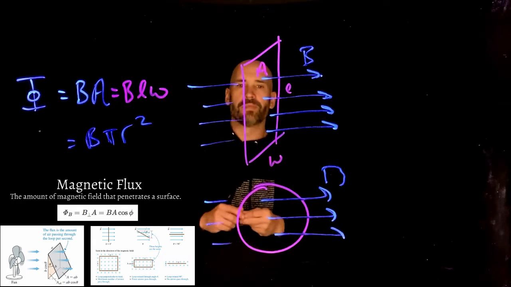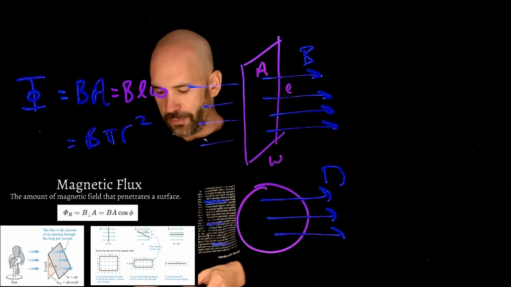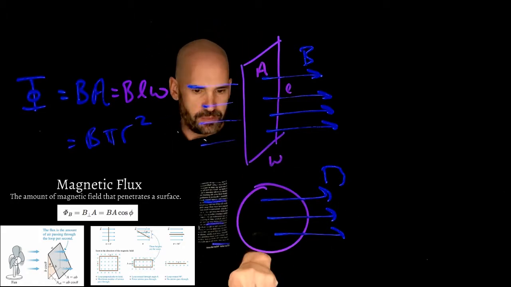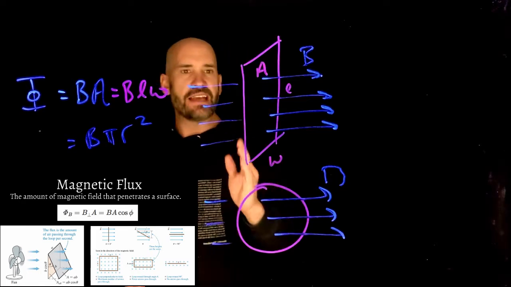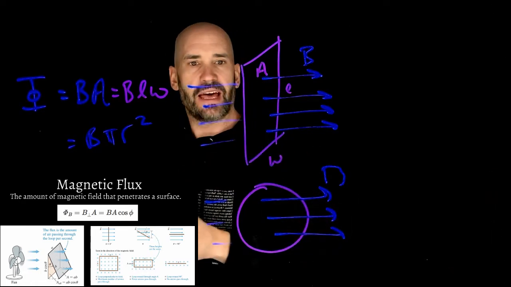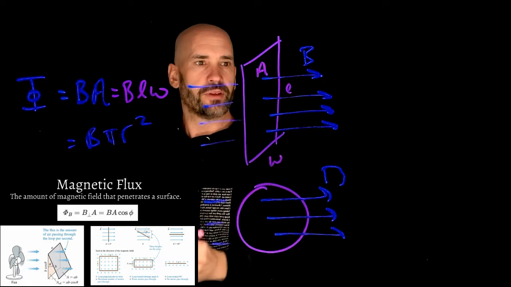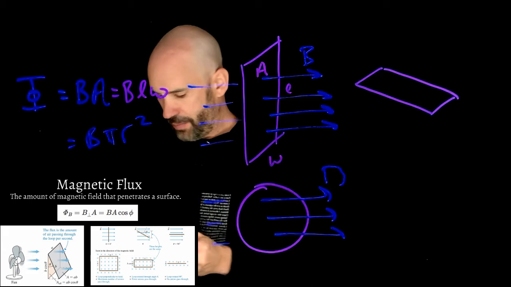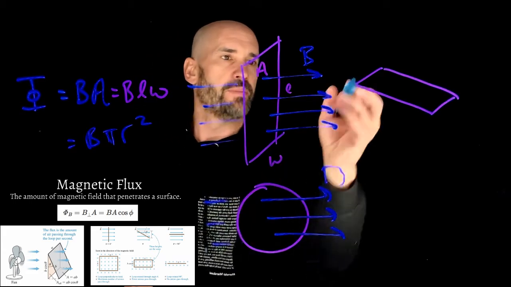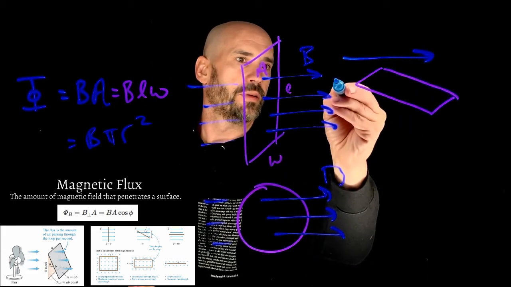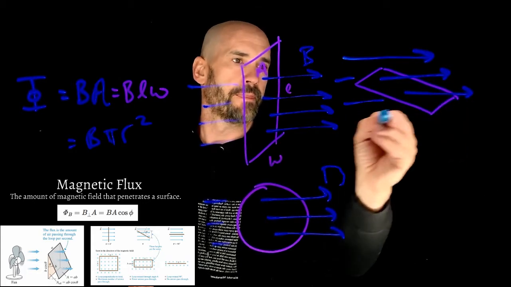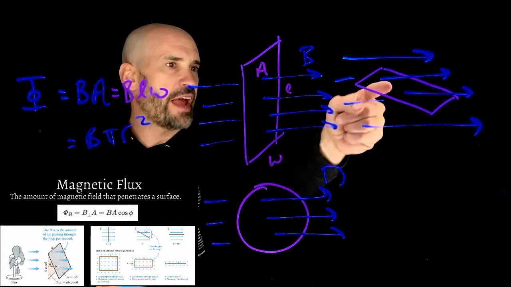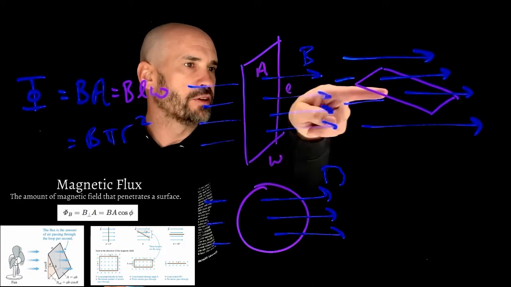Now, what happens if I tilt this? As you can see from the picture in the magnetic flux slide, if I tilt this a little bit, the effective area changes. I still have magnetic field penetrating it, but now there's less effective area for the magnetic field to move through.